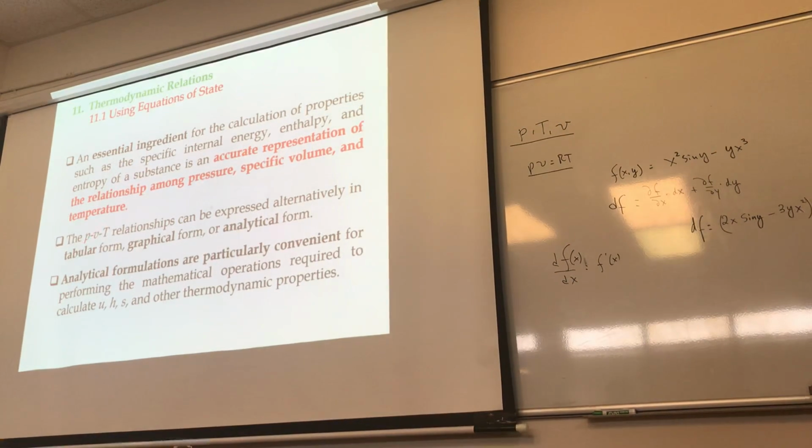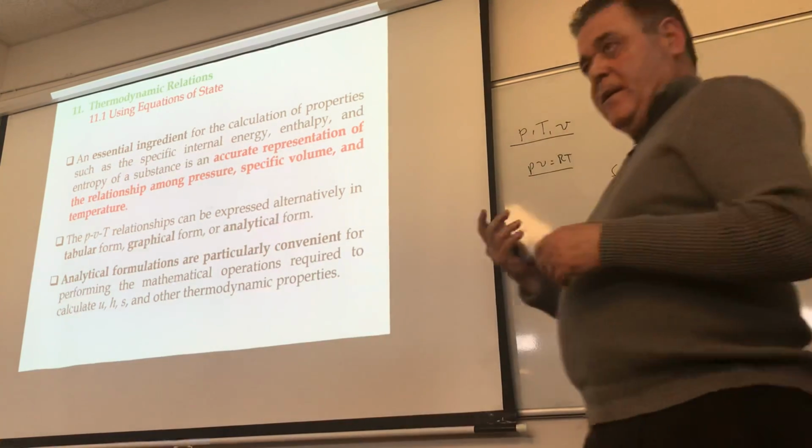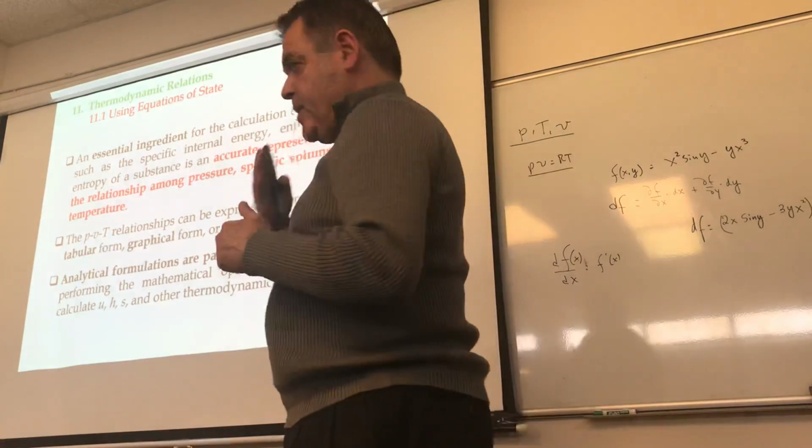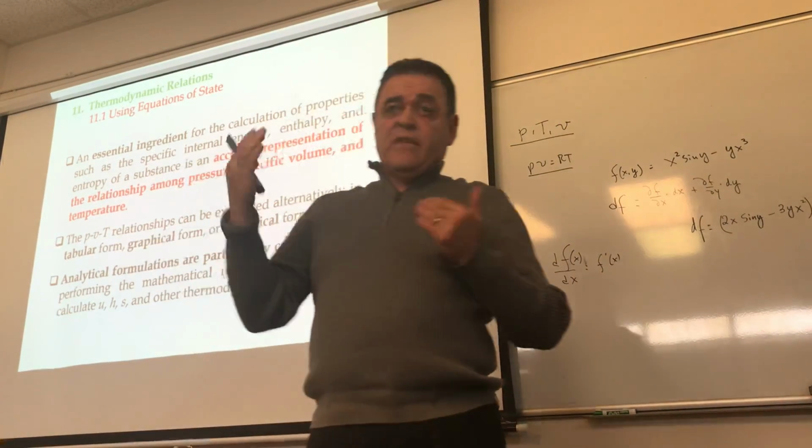Now, where do we get these PVT relations? Well, these PVT relations can be in the form of graphs, which is really not going to help us very much, or they could be in tables, which again is not really going to help us very much, but analytically is probably better. Why is it better? Because it's easier to work with functions, right? Remember when we talked about continuous functions versus discrete functions?